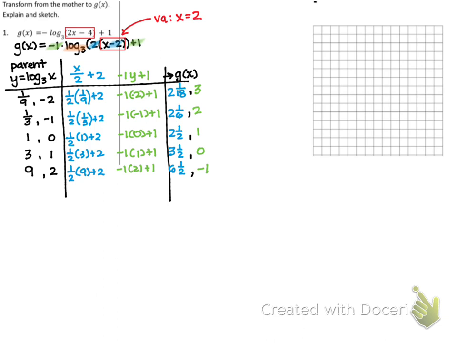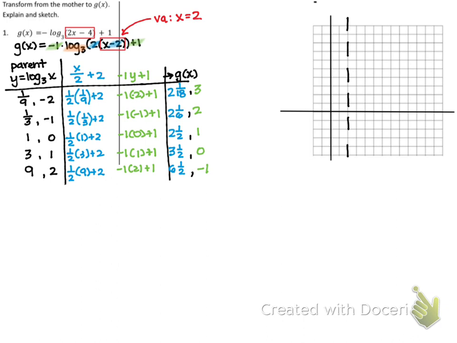So I want to fit a couple of these points on here. Make sure that your coordinate plane is large enough to hold the points that you need to plot. So let's go ahead and figure out where you want to put yours, and I'm going to go ahead and put mine on the graph as well, my xy axis. Okay, so all my increments are 1. I'm going to put my vertical asymptote on here at x equals 2. And then let's see, 2 and 1/6.